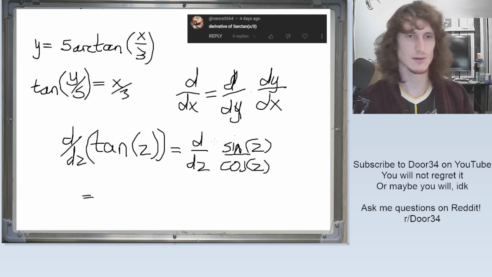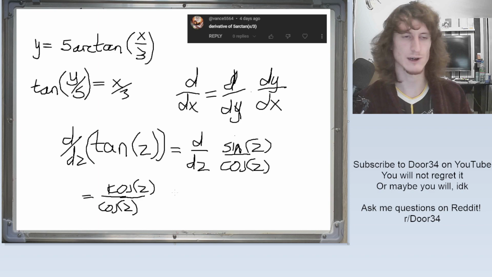So the derivative of sine: 1 over cos is going to stay the same, so it's going to be 1 over cos of z, and then the derivative of sine is just cos of z. I'm going to leave this in this form just for now.